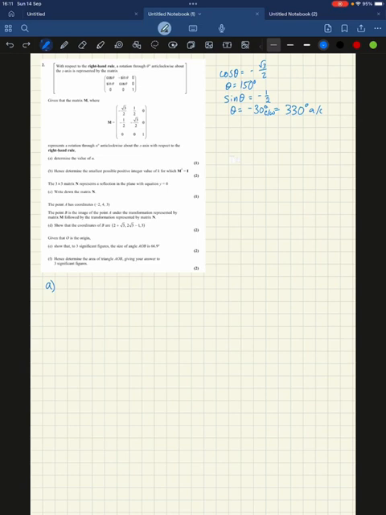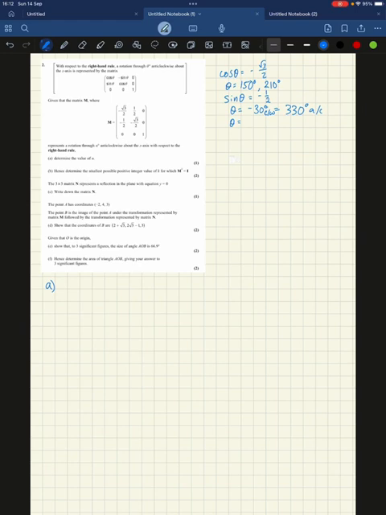So now we just find different values of theta. So cos theta, we know, is equal to cos of 360 minus theta. So what we can do is 360 minus 150, and we get 210. And the sine of theta is also equal to the sine of 360 minus theta.